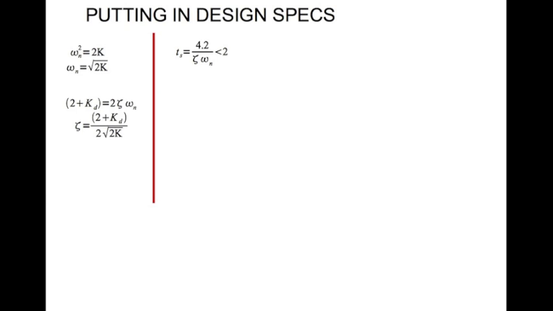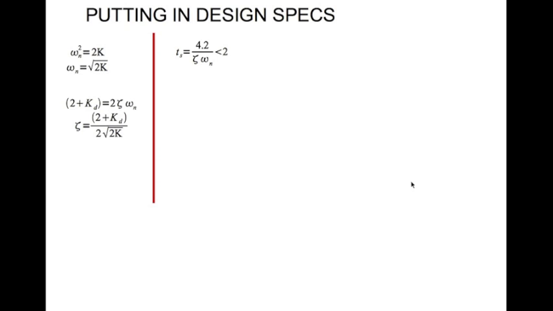Now we put in the design specs. We have the two relationships: omega n squared equals 2k, which gives omega n equal to root 2k, and 2 plus kd equals 2 zeta omega n, which gives zeta equal to (2 plus kd) divided by 2 root 2k. First design spec: 4% settling time is less than 2 seconds.